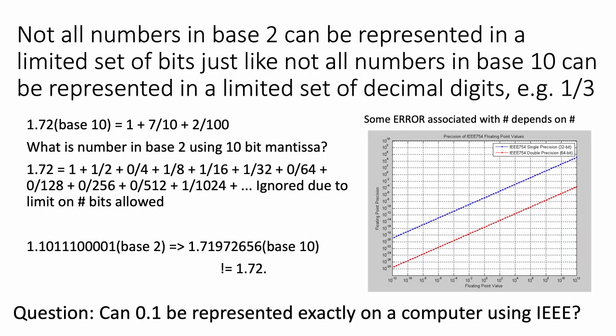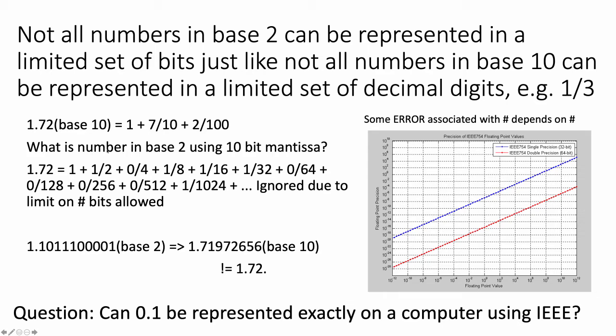So just like in base 10, not all numbers can be represented in a limited set of bits. For example, in base 10, we can't represent 1/3 in a finite set of digits. So there's a lot of numbers that cannot be represented in a finite set of digits in base 2. Here's a quick example. I'm showing 1.72 in base 10.